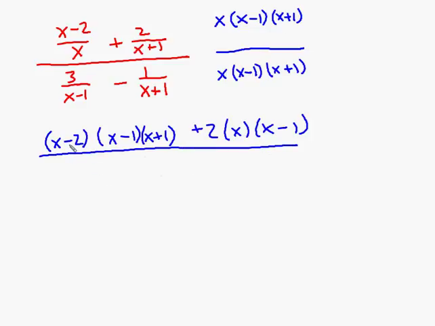And then at the bottom, I really think I don't want that extra x, but let's just see. Alright, so at the bottom we have 3, and then an x, and then an x plus 1, because the x minus 1's canceled. Minus the x plus 1's cancel. So we have x and x minus 1.